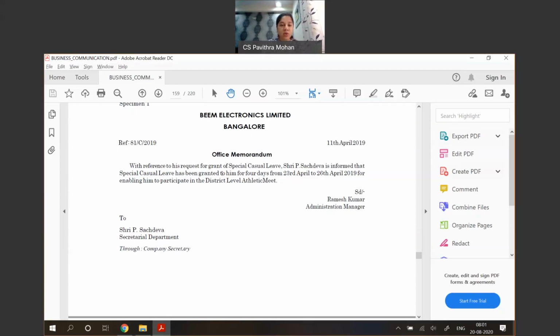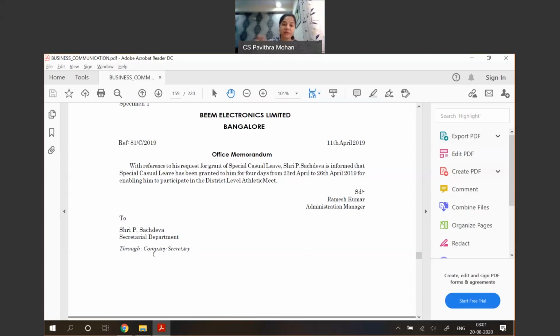The content will not be in four or five paragraphs. It will just be a three-liner or four-liner with three or four sentences. That's all. A small message will be sent across, followed by who is sending the message, to whom it is being sent, and who is going to intermediate this message.